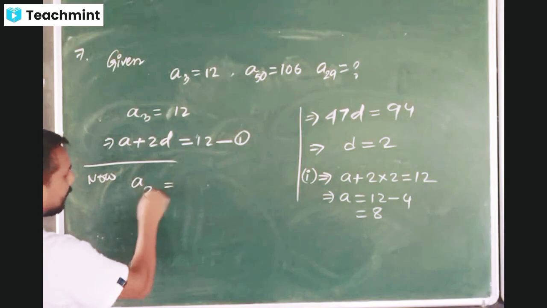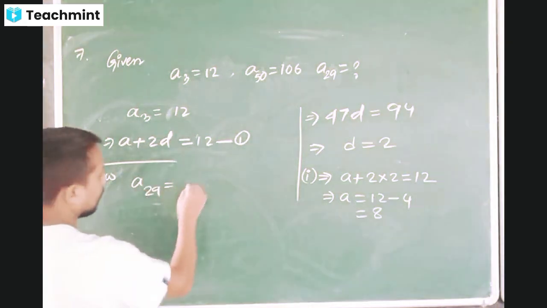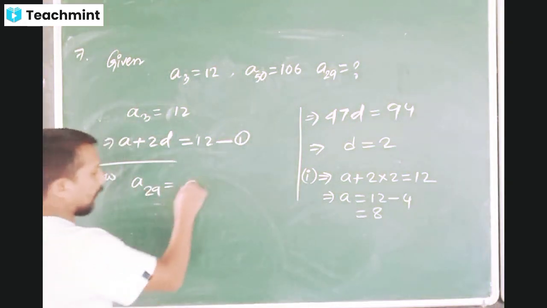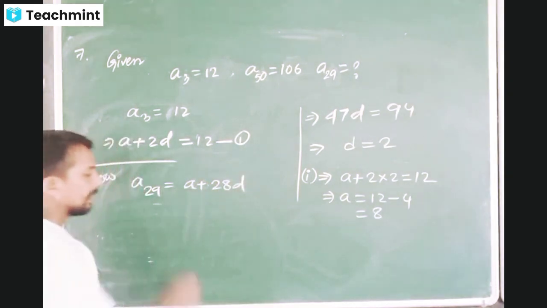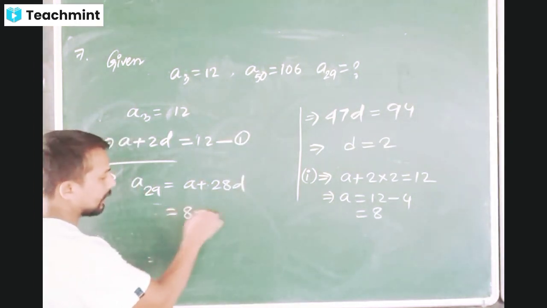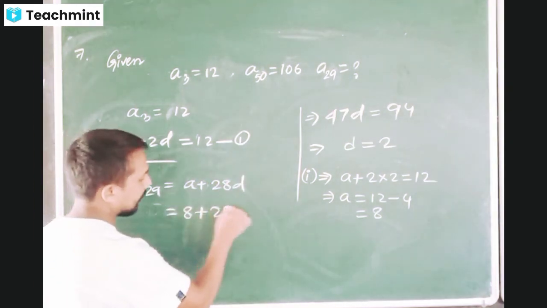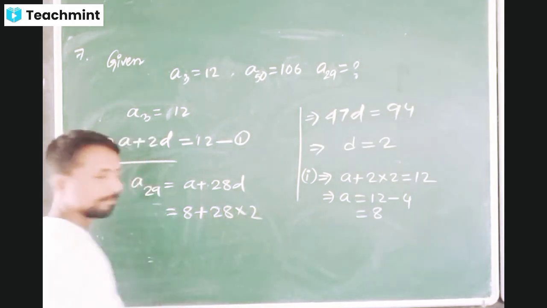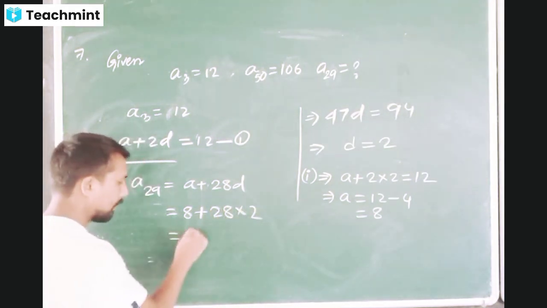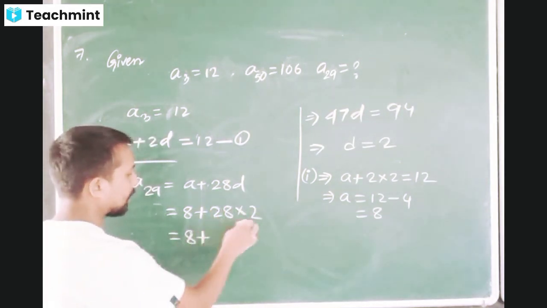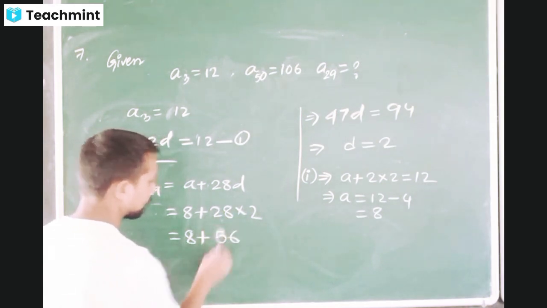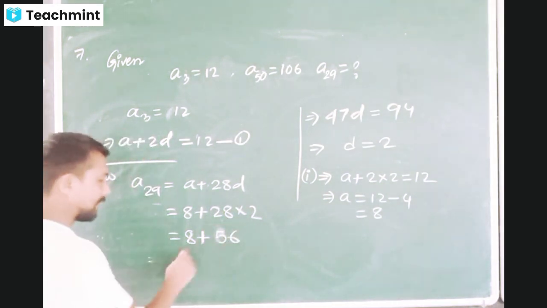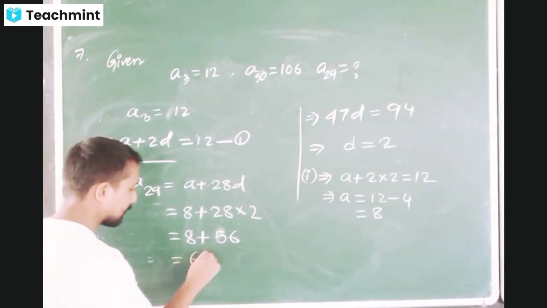A29 equal A plus 28D. A is 8 plus 28 into 2, which is 56. 56 plus 8 is 64.